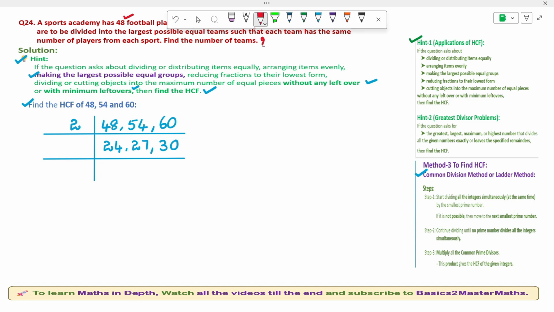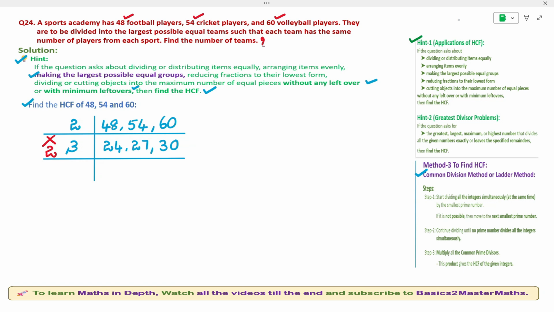Again, start dividing 24, 27 and 30 by the smallest prime 2. Since 2 does not divide all the integers exactly, move to the next smallest prime 3.